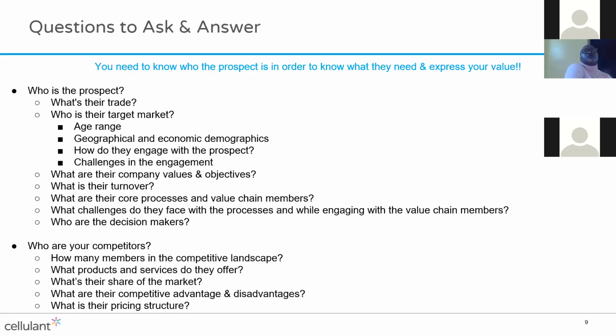This will allow you to take advantage of the situation, because if you have a clear understanding of your competitors, you know what their weaknesses are, you know what their strengths are, then you know how and when to play with the situation. And it's also important for you to know the pricing structure of the market, so you can also price your products and services in a way that is competitive and desirable to the market.